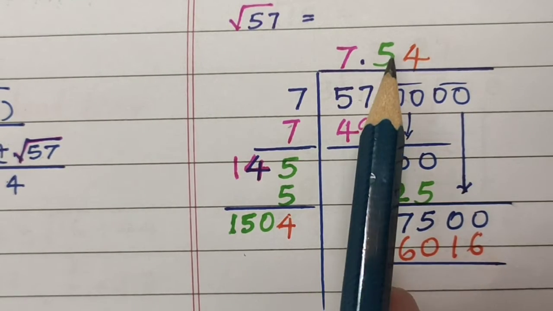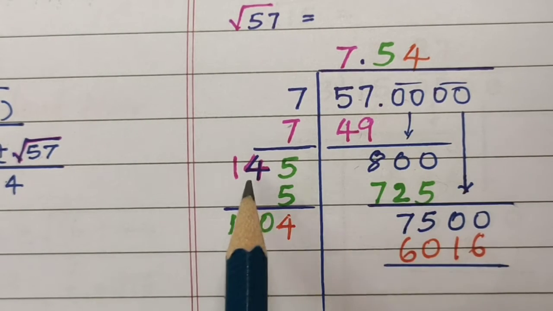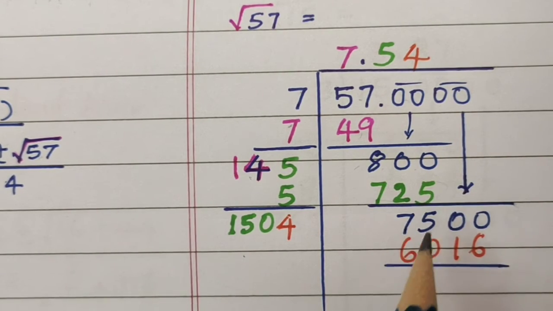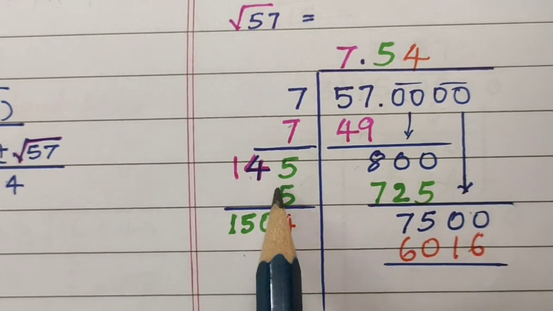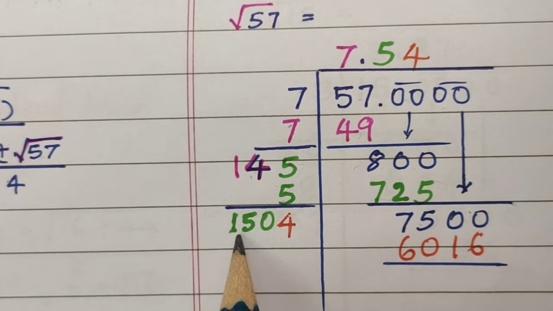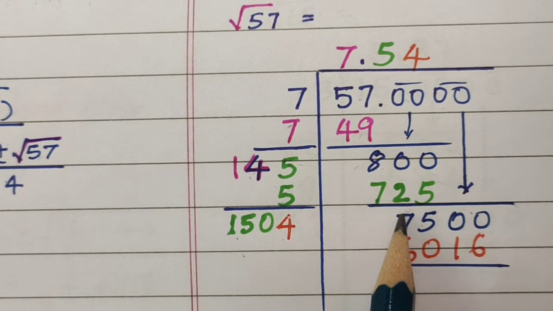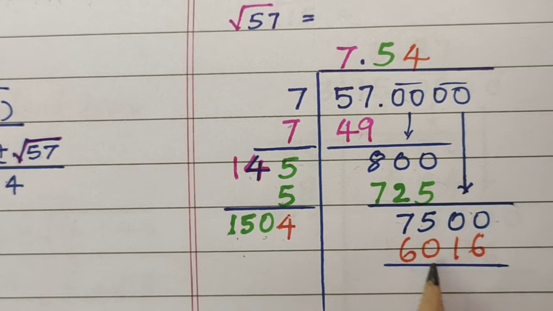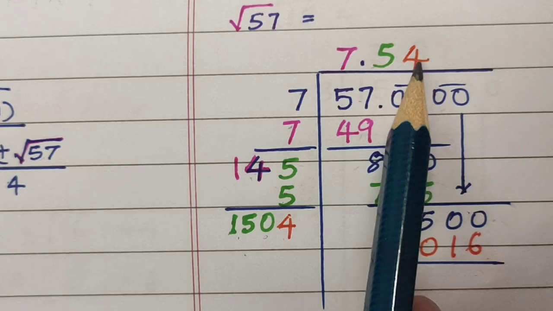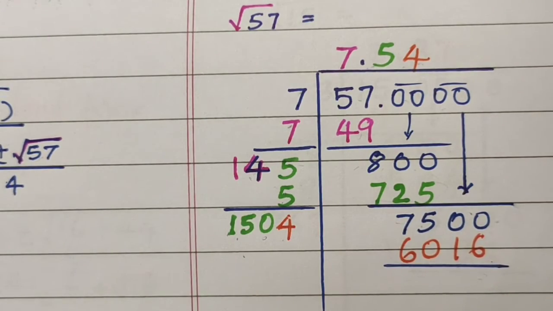You multiply it with such a number so that you get the product less than 800. 5 into 145 is 725. When you subtract, you get 75. Bring these two zeros down, you add 5 to 145, you will get 150. You multiply with such a number that you get less than 7,500. When you multiply with 4, we got 6016. We have stopped here because we already got 2 digits after the point, 7.54, which is the square root of 57.